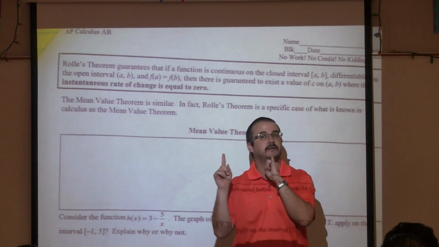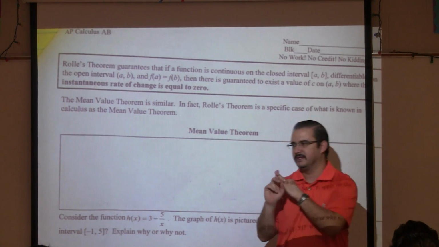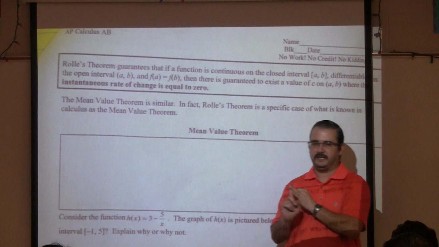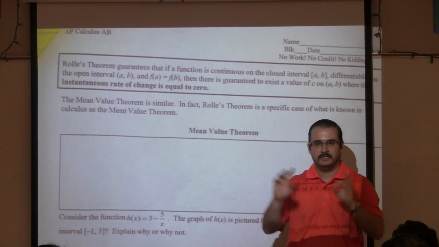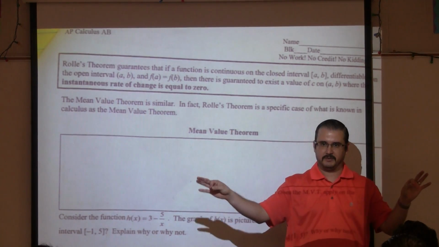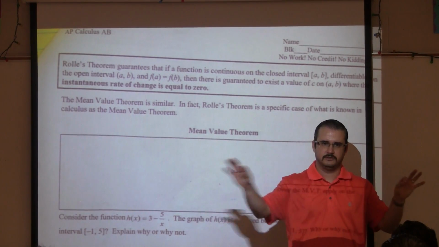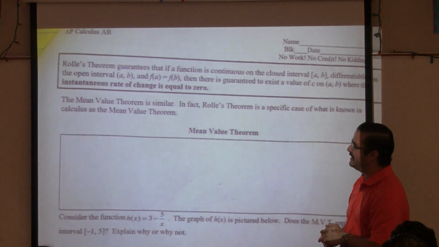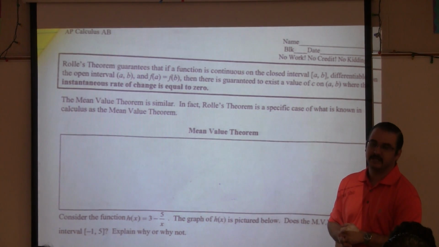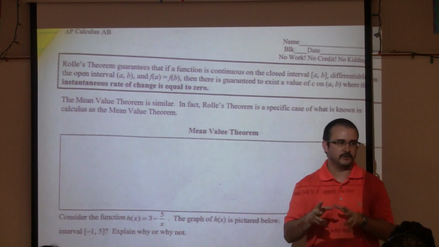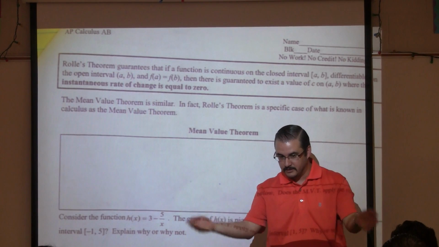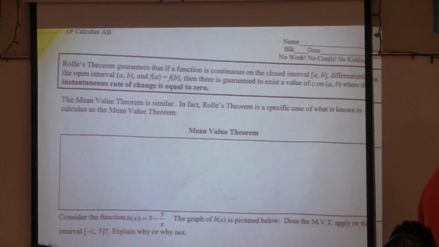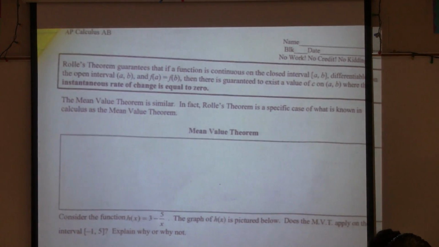Continuous on the closed interval [a,b], differentiable on the open interval (a,b), and f of a equals f of b. Something must happen there, could it be a straight line too? Yes, right? So that implies that f prime of c should equal 0 for some c on the open interval (a,b). That's the point. So the c cannot be an endpoint, okay? Got it? Kindergarten stuff? Yes.